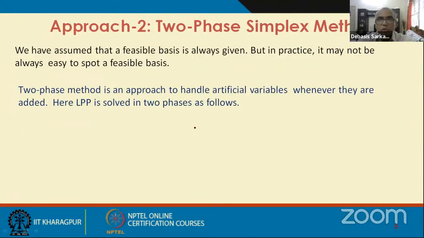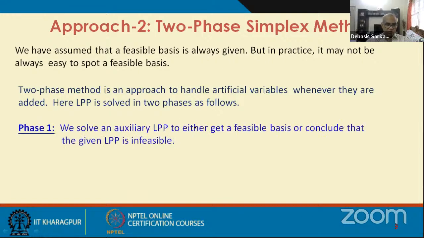Now let's consider approach 2, which is the two-phase simplex method. In the first phase, we will solve an auxiliary linear programming problem to either get a basic feasible solution or conclude that the given linear programming problem doesn't have any basic feasible solution and is an infeasible linear programming problem.